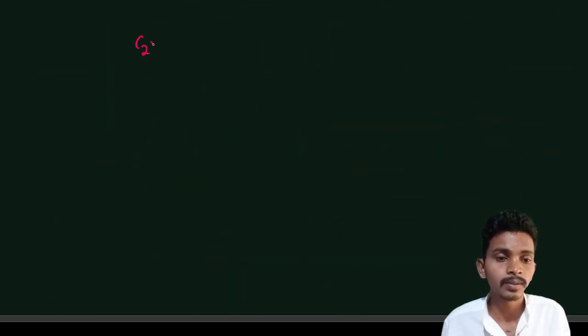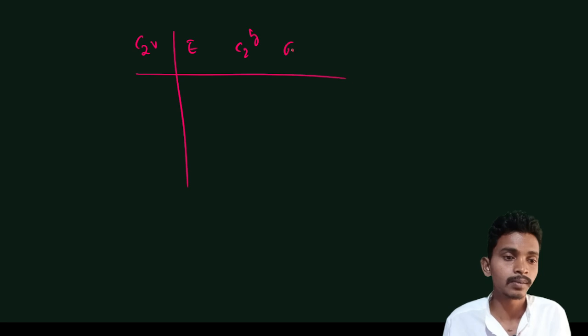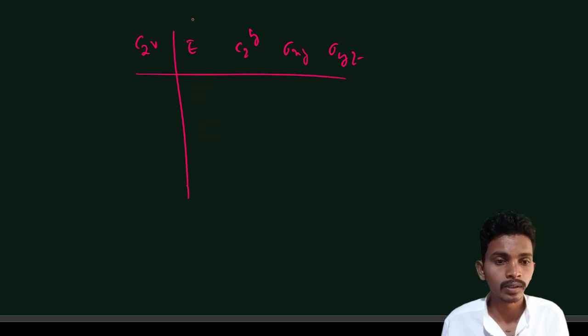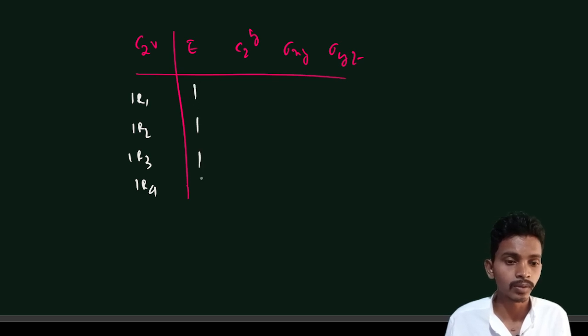So here for C2 B, we have E, C2 Y, sigma XY and sigma YZ, and the irreducible representations. Let's say this is IR1, with 1 1 1 1, these four characters we have. Quickly drawing IR1, IR2, IR3, IR4. All are 1 because the order is 4.